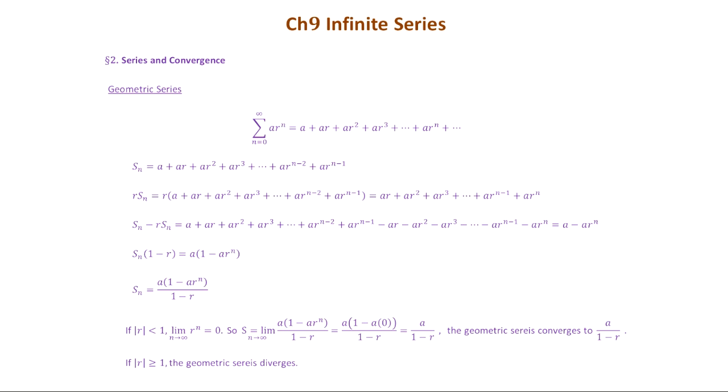Each time you multiply the number by itself, it gets a little smaller, but you multiply by itself infinitely many times. So eventually you're going to get 0 as the limit for this power.